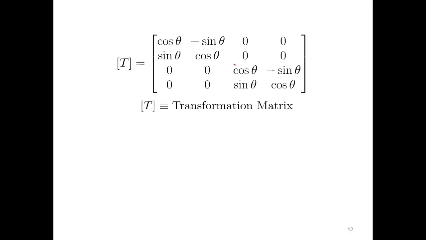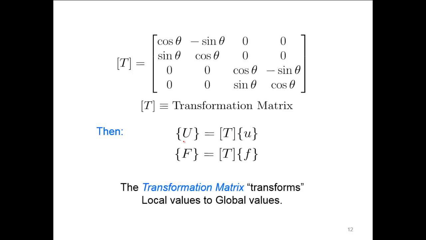But this is the transformation matrix, because what it does is it transforms our local coordinates into our global coordinates. It does it with the displacements as well as with the forces. So the transformation matrix transforms local values into global values. This is going to be very key for what we're doing here, moving between the different coordinate systems.